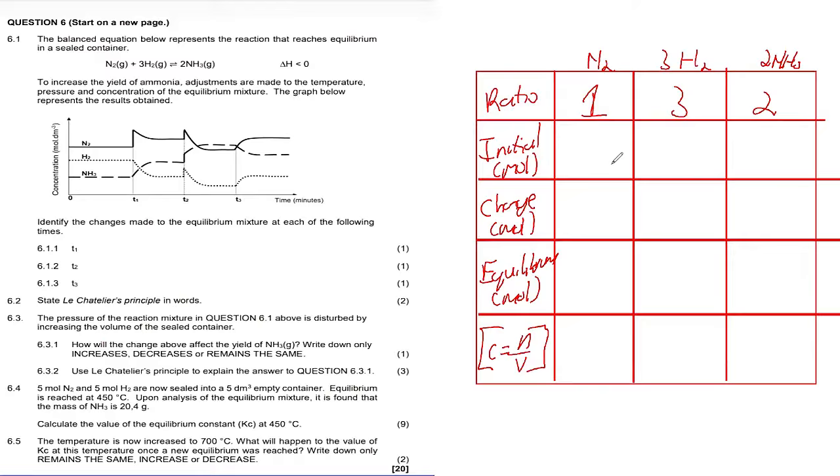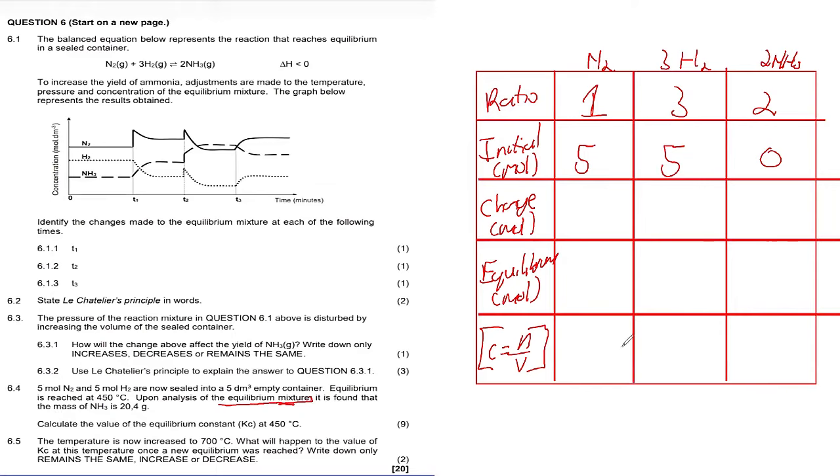Right. So initially they said there's 5 moles of this, and then also 5 mole of that. Because we are starting from the beginning of the reaction, our product will have to be 0, of course. And then they're saying, upon analysis of the equilibrium mixture, so they're observing this at equilibrium, it is found that the mass of NH3 is 20.4 grams.